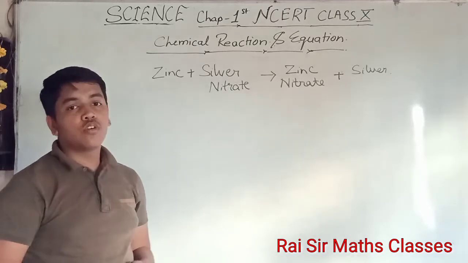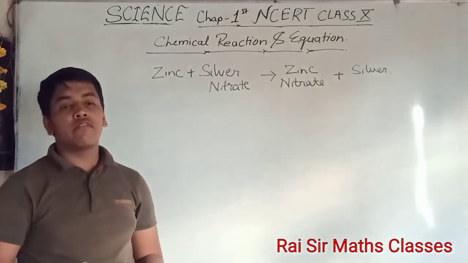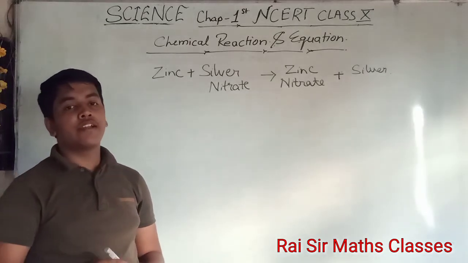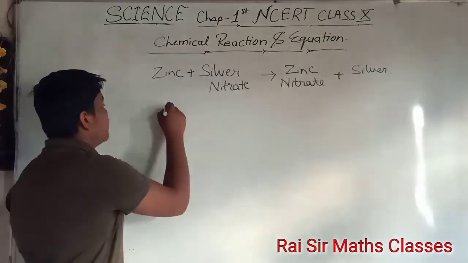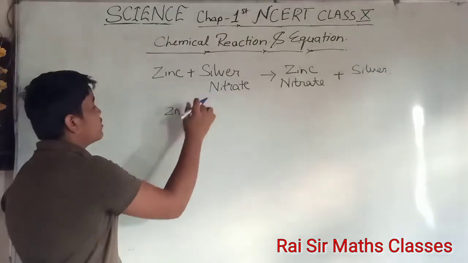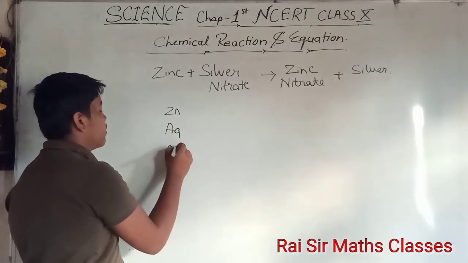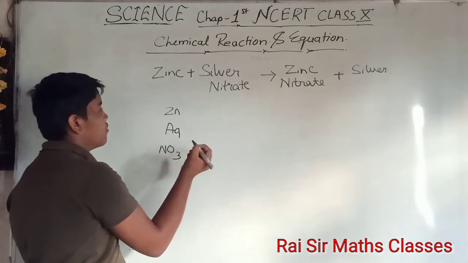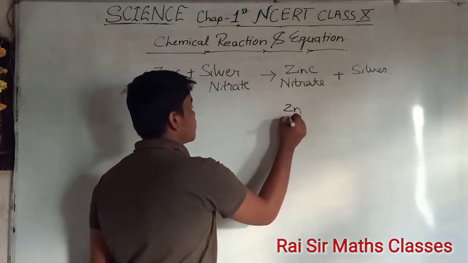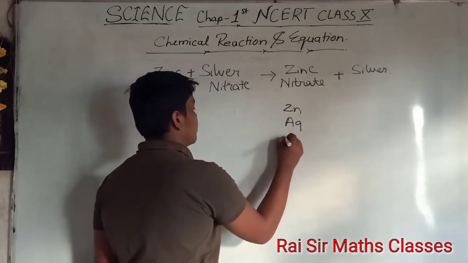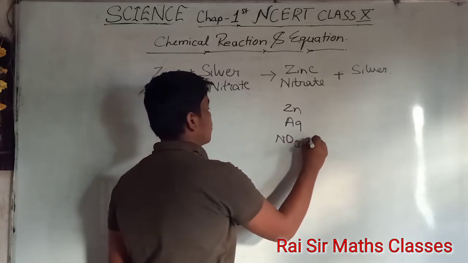Now we are going to solve the last but not the least chemical equation, that is zinc plus silver nitrate will give you zinc nitrate plus silver. So we have to write the name of the element. Zinc we write as Zn, silver is Ag, and nitrate is NO3. Here also zinc, silver and nitrate, that is NO3.